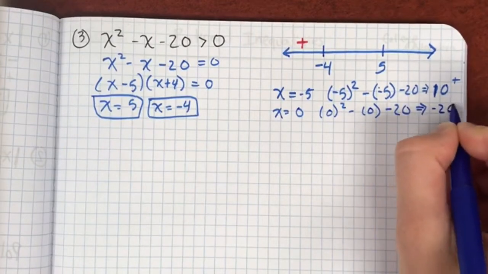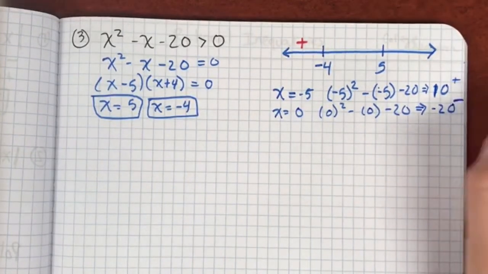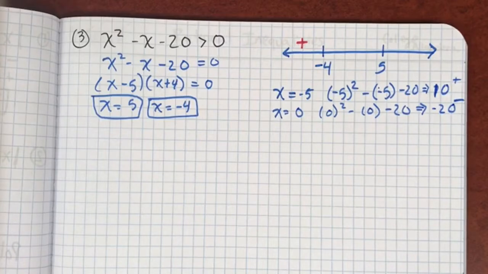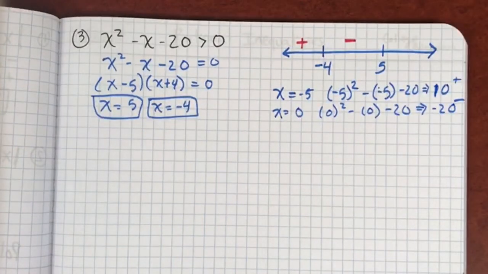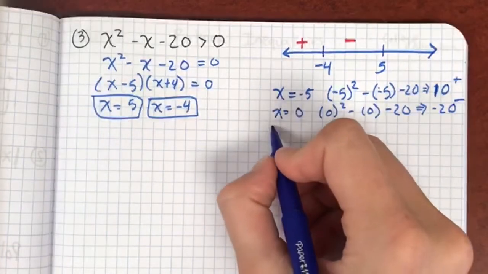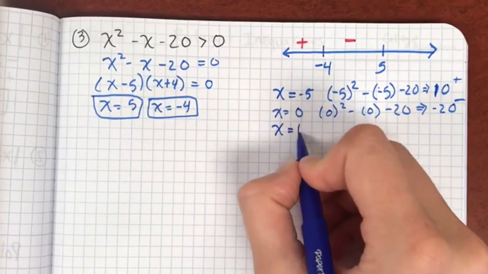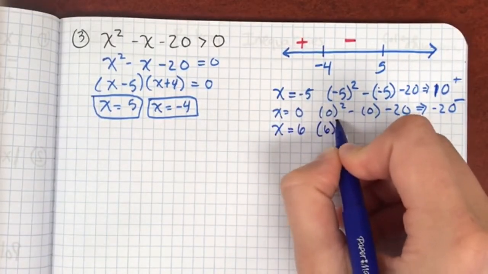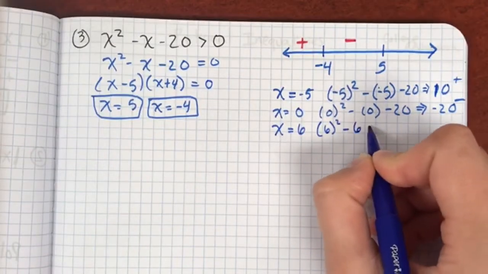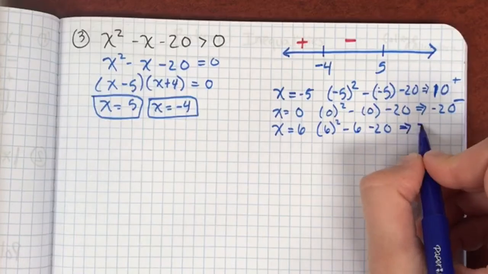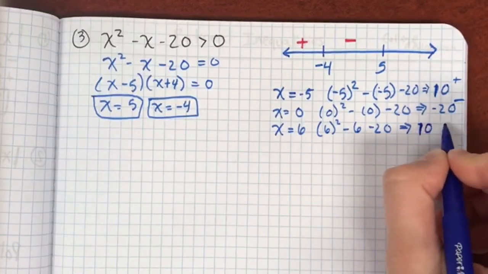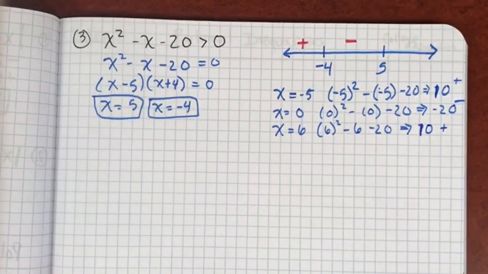So this equals -20, which is negative. And I'm going to go ahead and test 6. And that is 10, which again is positive.